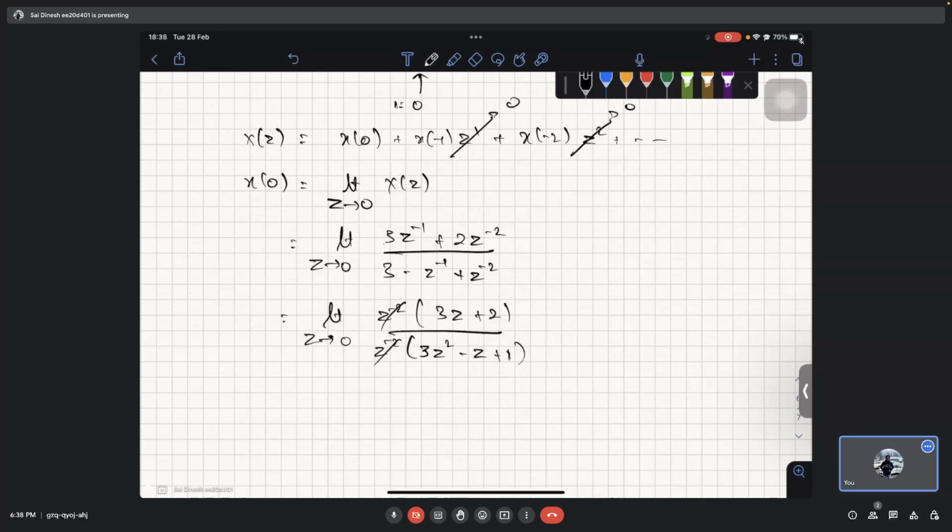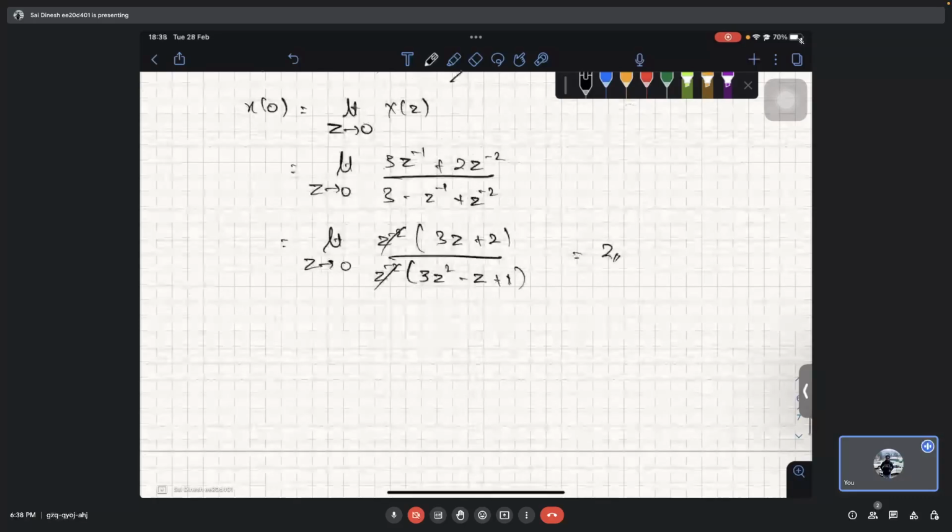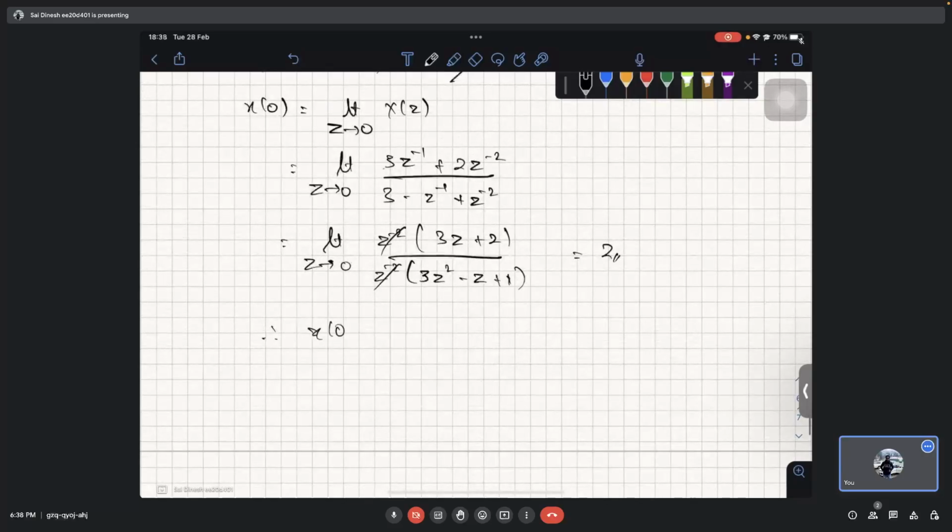Now if you put z tending to 0, this is equal to 2. Therefore x of 0 is equal to 2. Right?